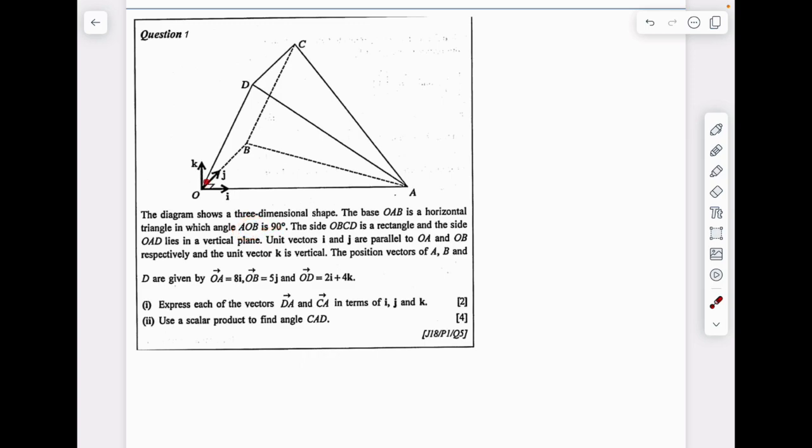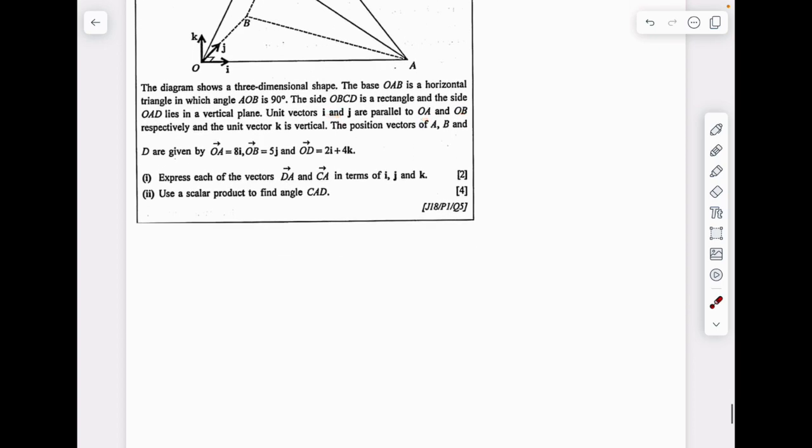The side OBCD is a rectangle. The side OAD lies in a vertical plane. Unit vectors i and j are parallel to OA and OB. Okay, so we've got this.